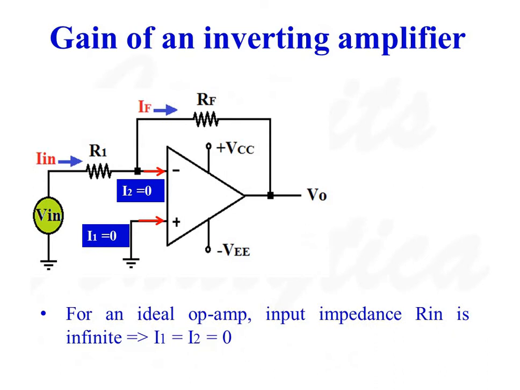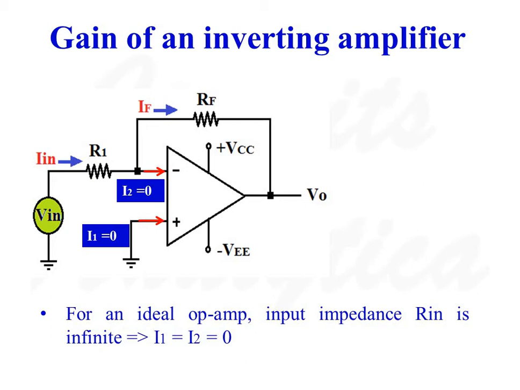Now we will find the gain of an inverting amplifier. I1 is the current flow towards the non-inverting input of the opamp and I2 is the current flow towards the inverting input of the opamp. I-in is the current flow through resistance R1 and IF is the current flow through feedback resistance RF. We know that for an ideal operational amplifier, input impedance is infinite.